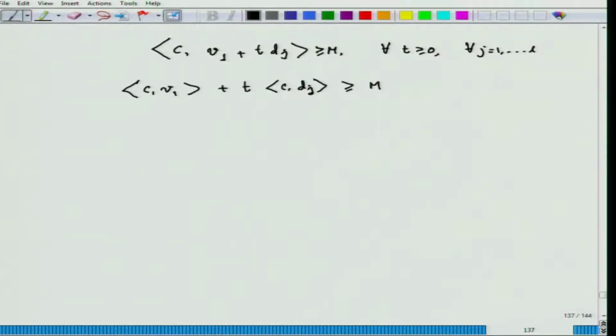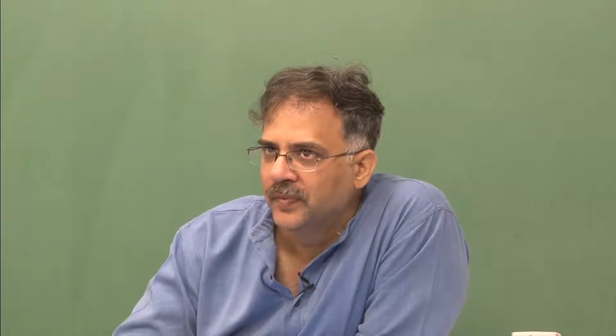Okay. Now, let me see what would happen as t tends to infinity. If C transpose d_j, if one of them is less than 0, negative, and I can make t go towards infinity, there will be a minus component which will become bigger and bigger.